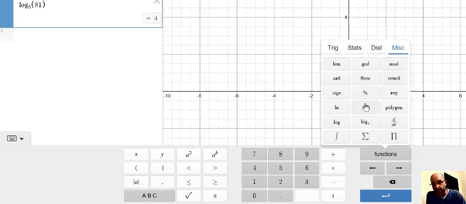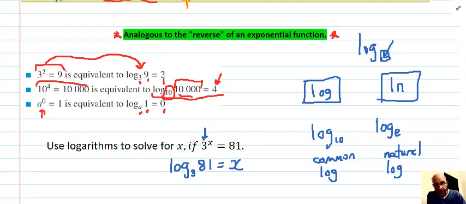On Desmos, if you go into miscellaneous functions on the keypad, you've got log to base a there, and you can enter what you like for the base. So it depends on what you're using. There is a change of base rule for calculators that don't have that, but that's not for this video. So from the calculator, x equals 4, which should make sense because 3 to the power 4 is 81.